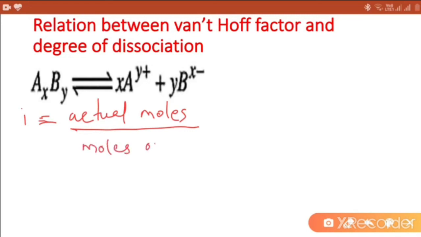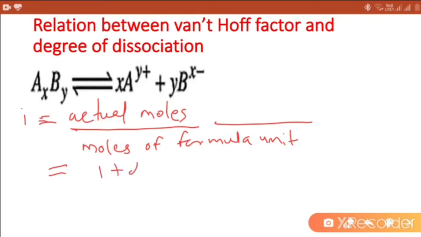Actual moles of particles in solution after dissociation is 1 plus alpha into n minus 1, and the value of moles of formula units dissolved in solution is 1.